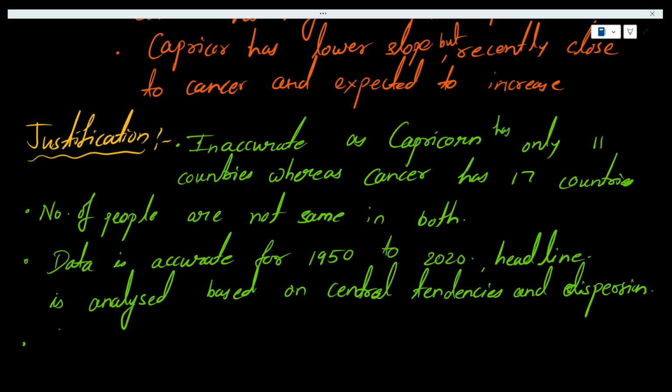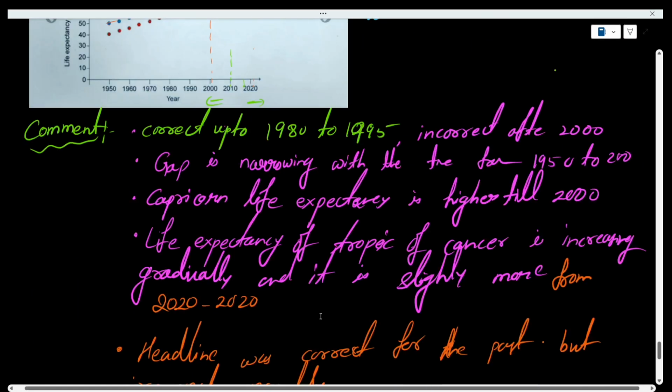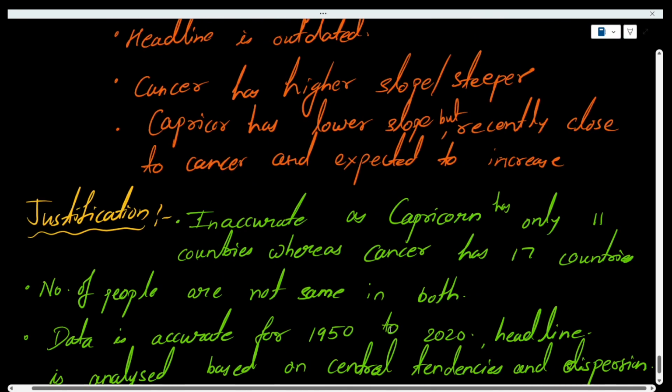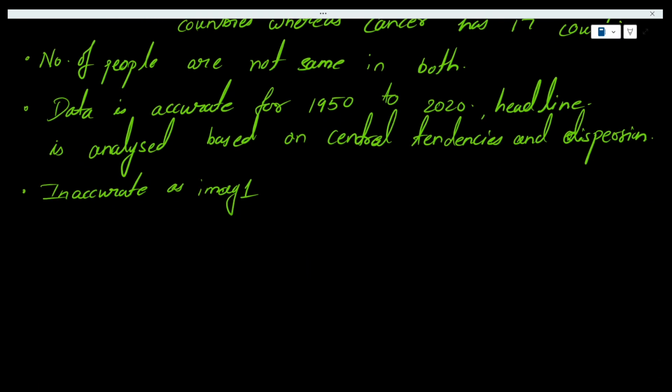Again, you can write that it is inaccurate as image one: when you see the image, you can't identify what the mean or the median is. So, image one does not show mean or median for life expectancy.